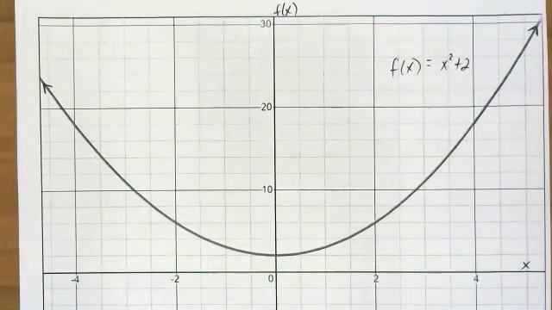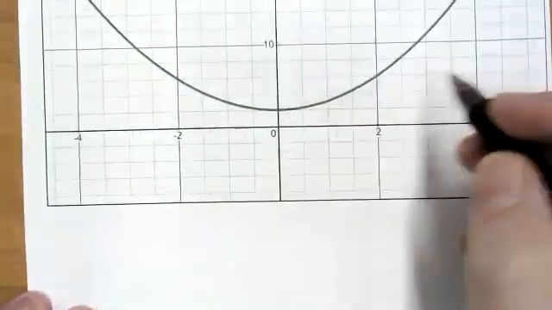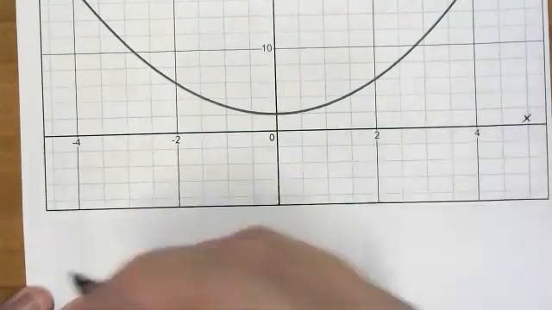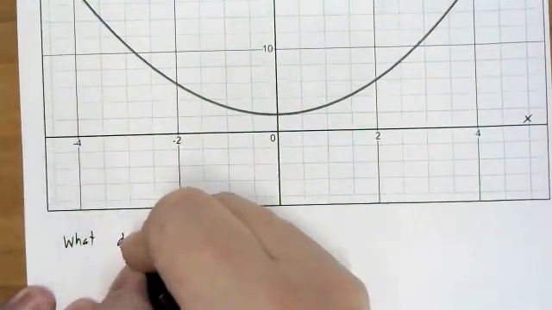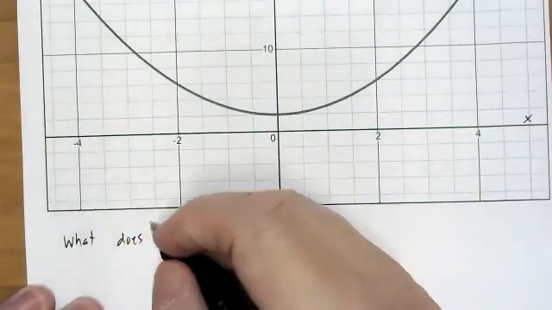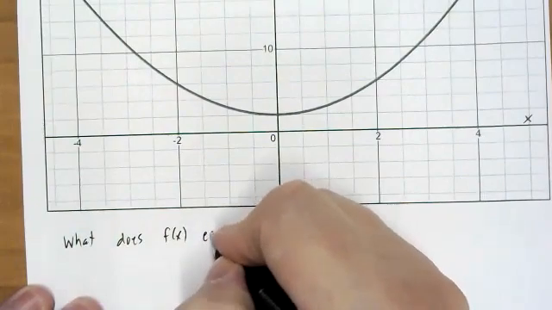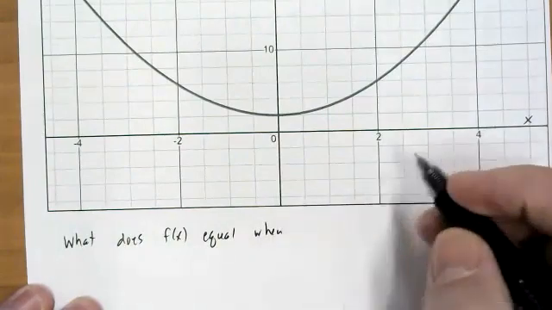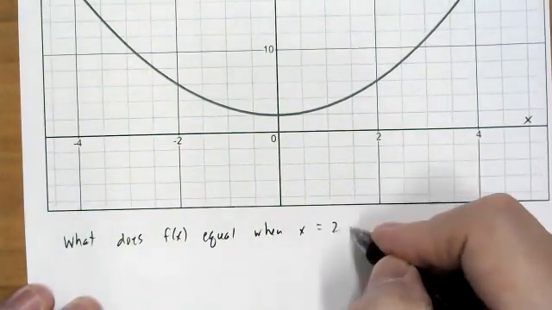So here's one that's pretty straightforward. Given a graph like this, you might be asked, what does f of x equal when x equals 2?